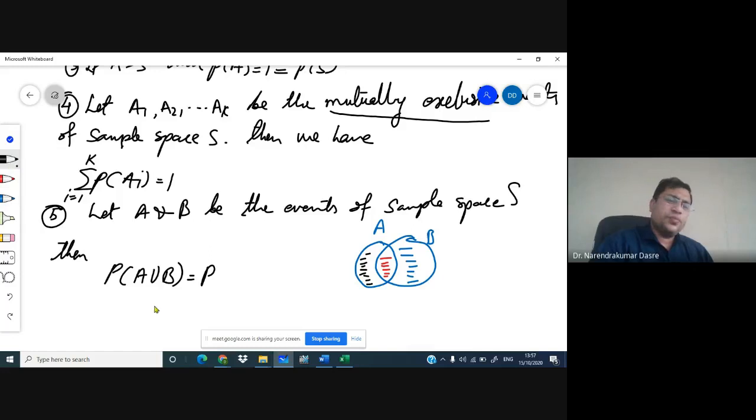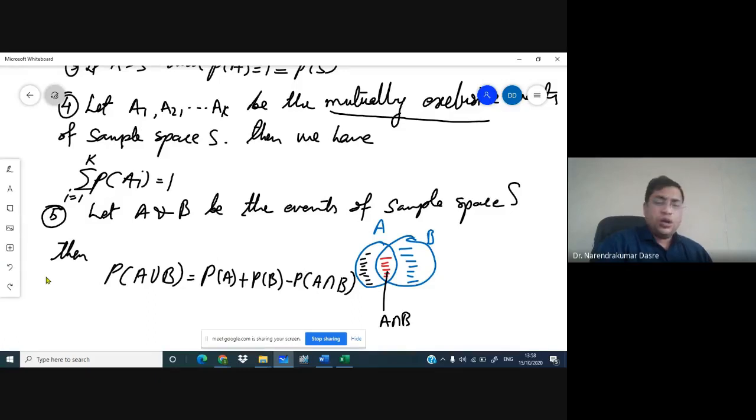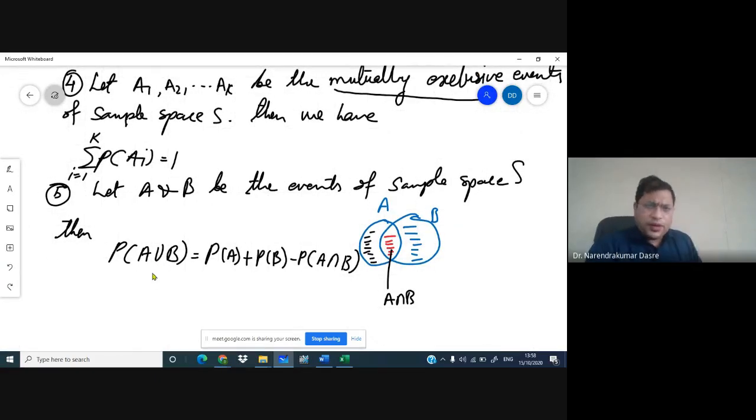Now I want to find the probability of A union B. It is P(A) plus P(B), but when I add P(A) and P(B), this common part I have considered in A also, and in B also. So I have to subtract it, which is A intersection B. This section is A intersection B. This is how we get the probability of A union B, which is P(A) plus P(B) minus P(A intersection B).